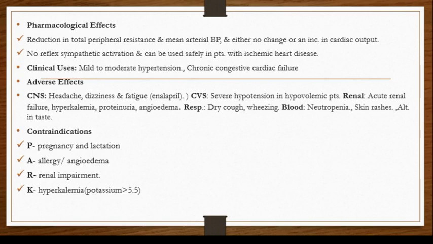It is important to note that another example of ACE inhibitor, which is perindopril, is one of the long-acting ACE inhibitors, and it has a half-life of between 16 to 20 hours.